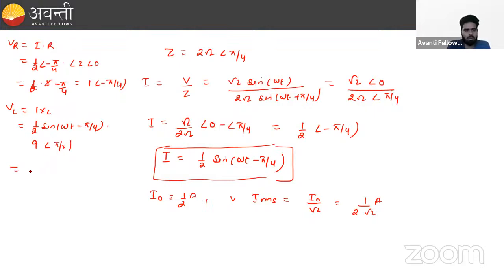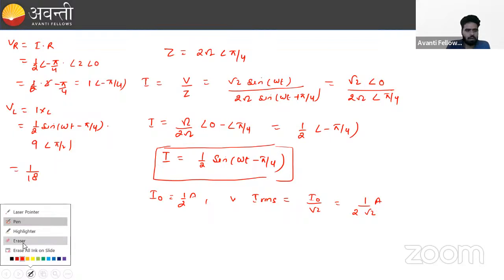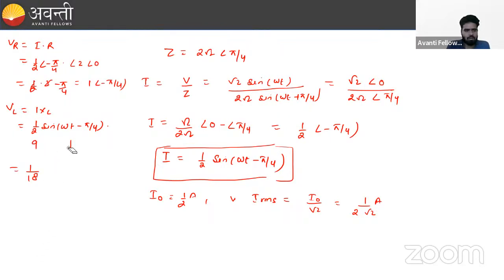If you want to solve this, this will become 9 by 2, right? In terms of angle, this is written as sine omega t plus pi by 2. Here 1 by 2 is the magnitude, and this is minus pi by 4, multiplied with plus pi by 2.